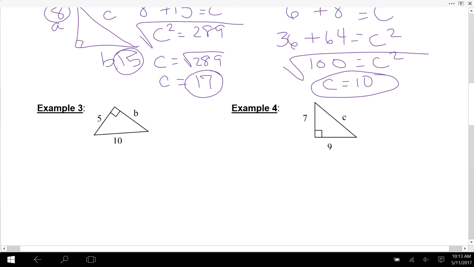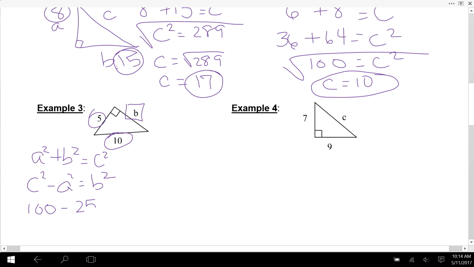Until you get to example 3, and you go, what? Okay, now I have the hypotenuse and one side, and I'm looking for the other side. If A squared plus B squared equals C squared, then C squared minus A squared should equal B squared. So I'm going to put 100 minus 25 equals B squared.